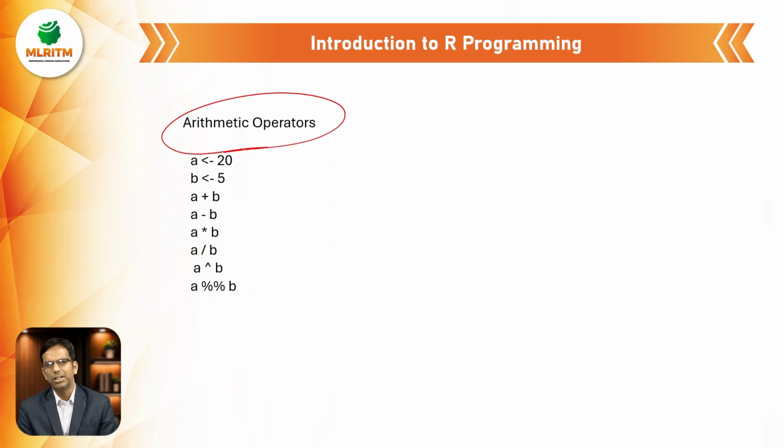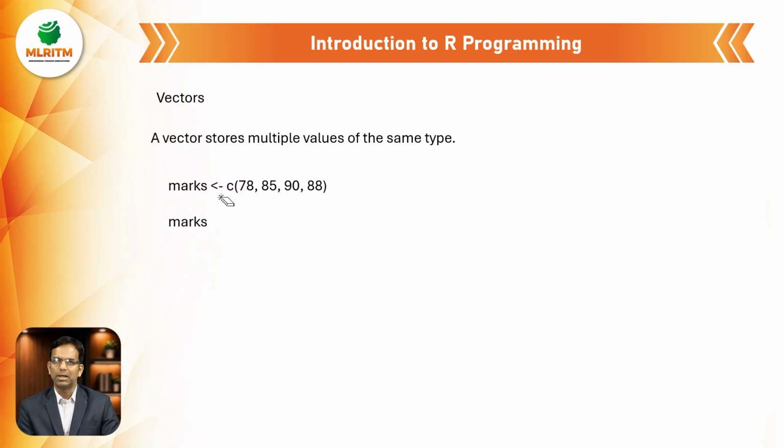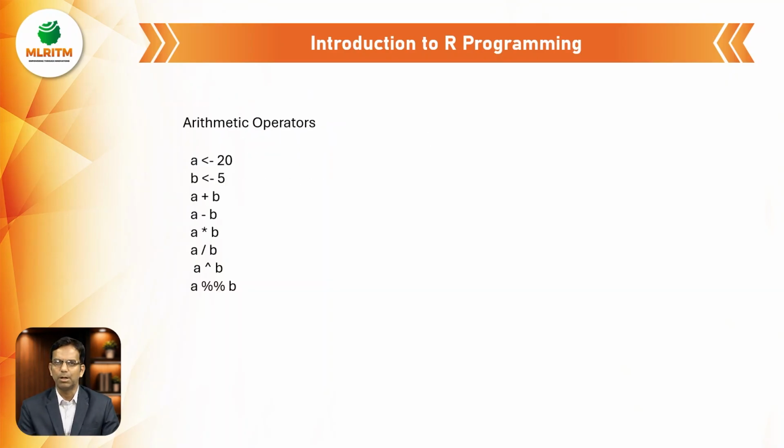But when you look at R programming specifically, there are some types of operators that can be used, like arithmetic operators, relational operators, logical operators, and other categories of operators.